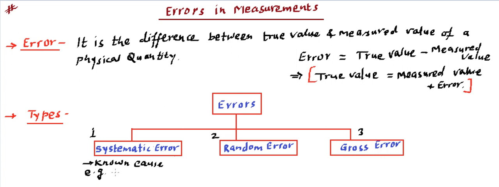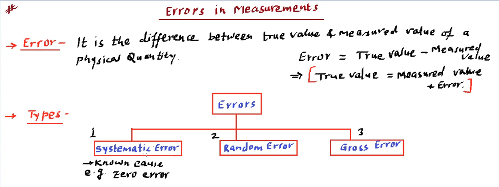We need to know whether this instrument carries any inbuilt or systematic error. Take the zero error in that instrument: this zero error is a systematic error. That means systematic errors are because of some fault in the instrument, the cause of which is known to us.